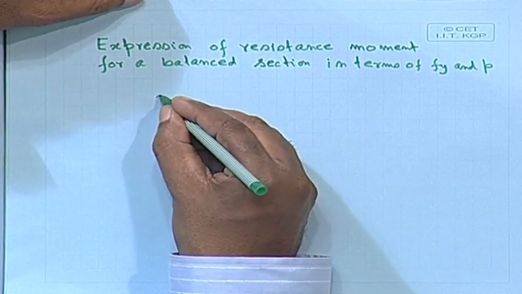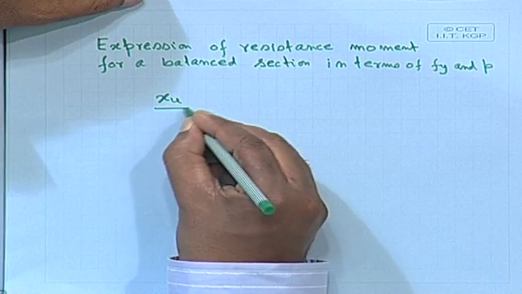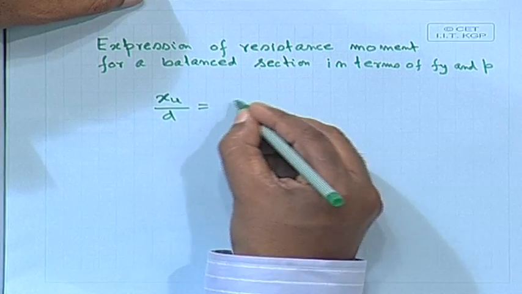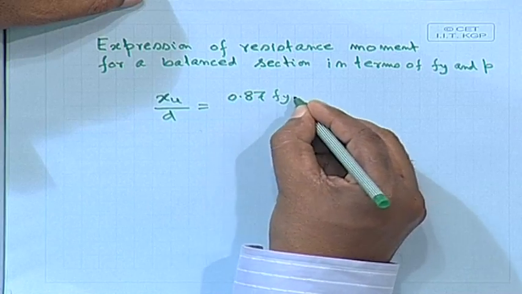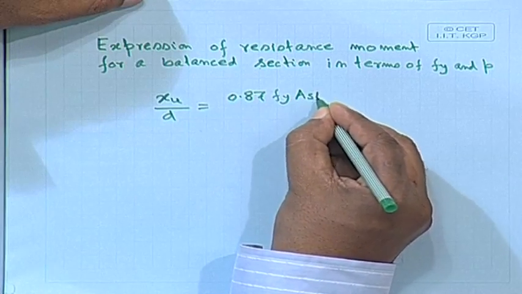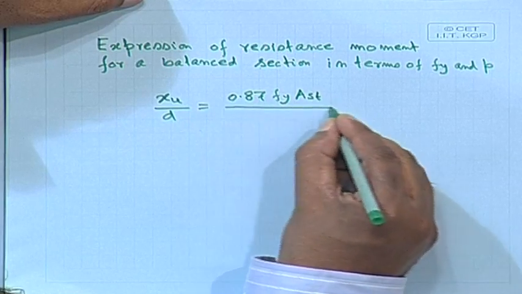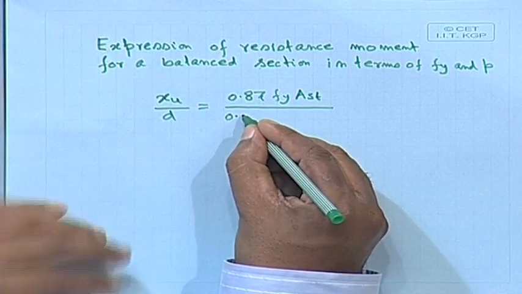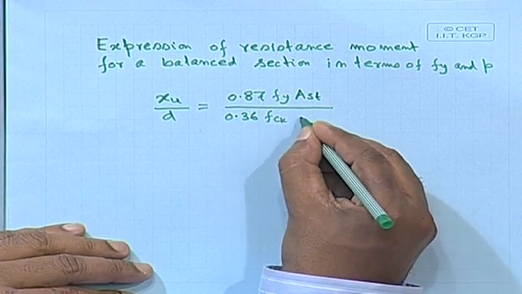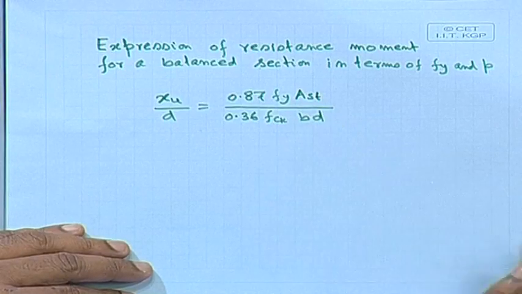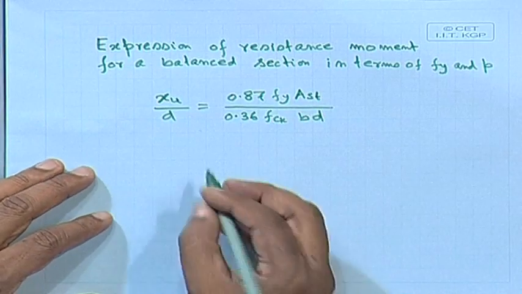XU by D equal to 0.87 FY AST divided by 0.36 FCK BD, that we have already got.